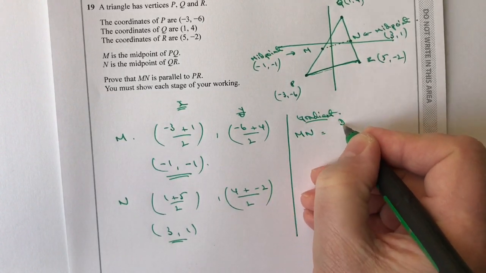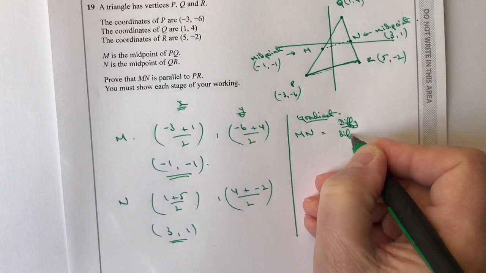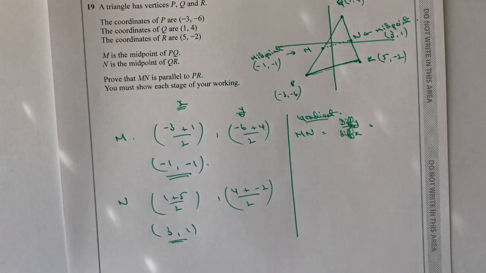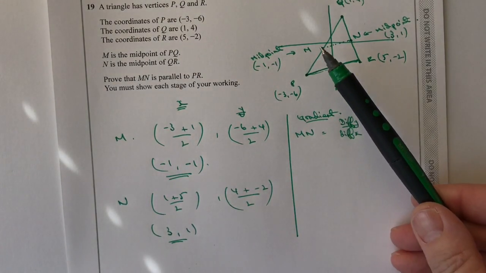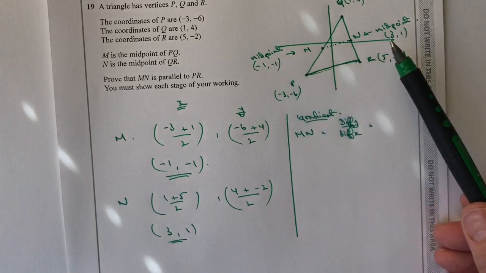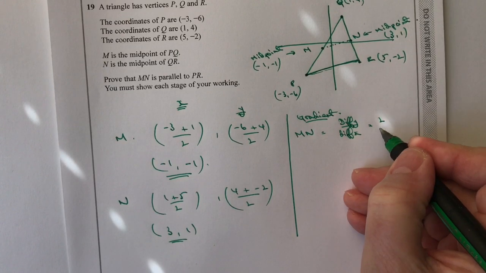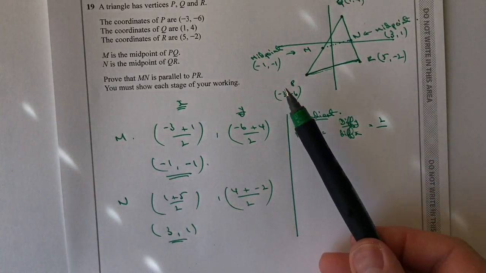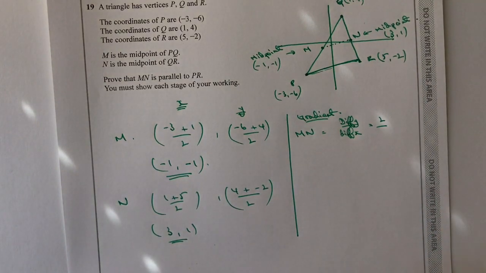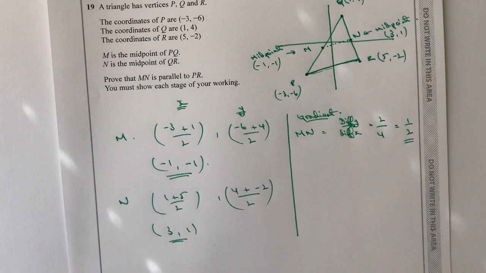That's going to be equal to the difference in y divided by the difference in x. Looking at y, we go from -1 to 1, a difference of 2. And the difference in x is -1 to 3, which is a difference of 4. So the gradient of MN is a half.